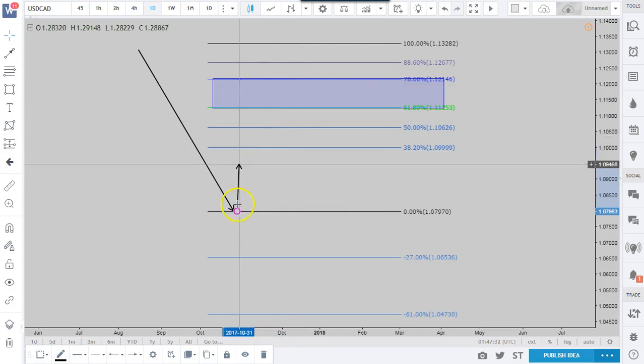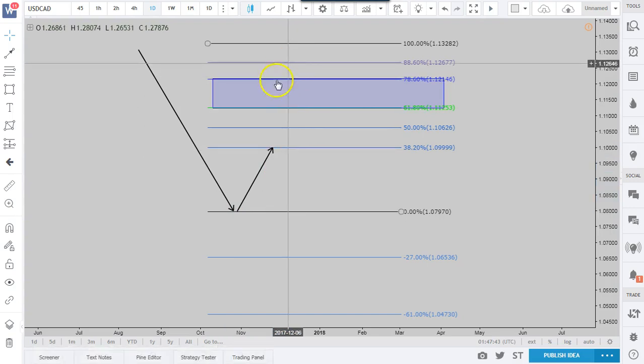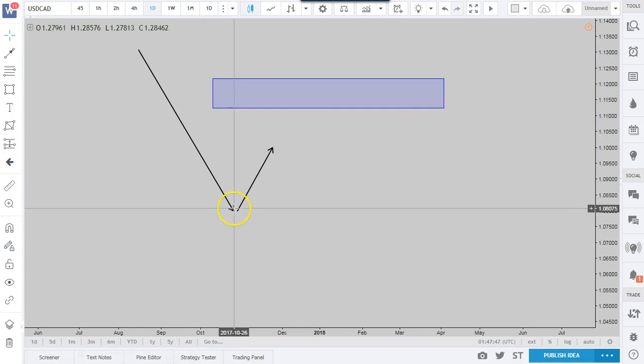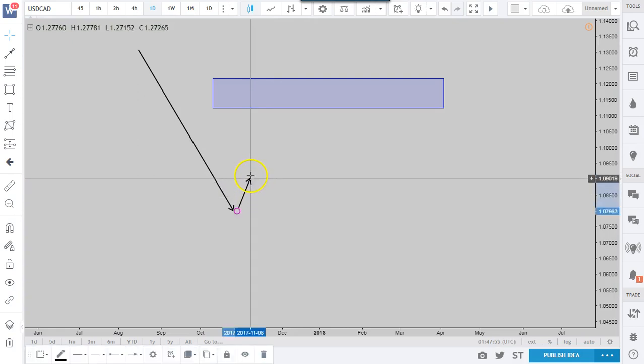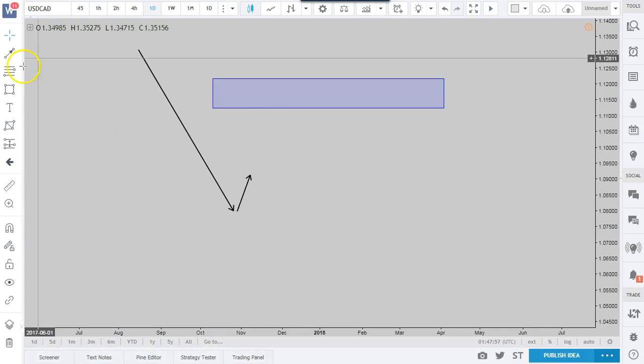So ABCD move, either price is gonna go into the 382 retracement. Okay, let me do this. Let's say price was here, and we have now experienced a little pullback.